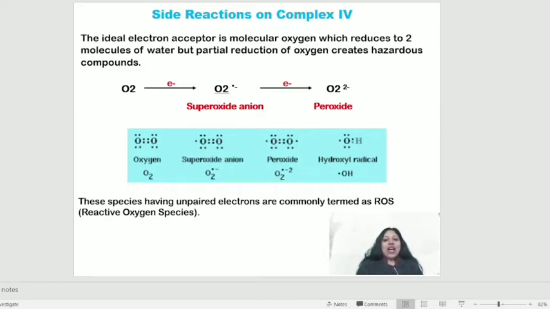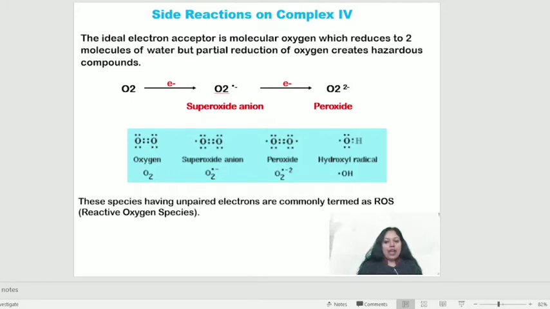Oxygen is a very dangerous substance. Why so? Because wherever oxygen is there is a chance of formation of free radicals.